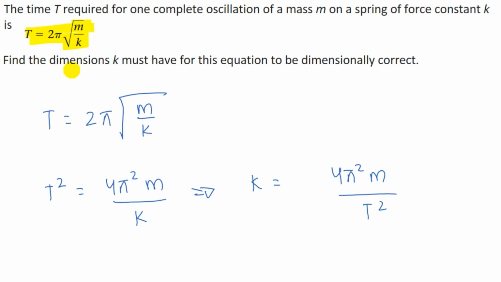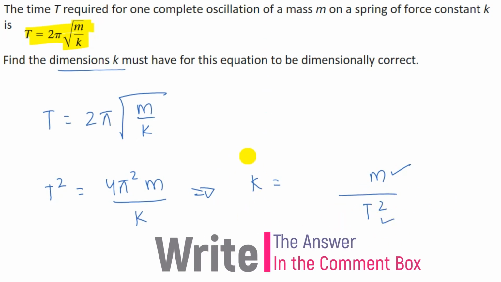Now we have to find the dimension for k. 4 pi square doesn't have any dimension, so we can neglect it. Now if you put the dimension for m, that is mass, and the dimension for t, that is time, then we can find the dimension for k. You have to write the answer in the comment box below.